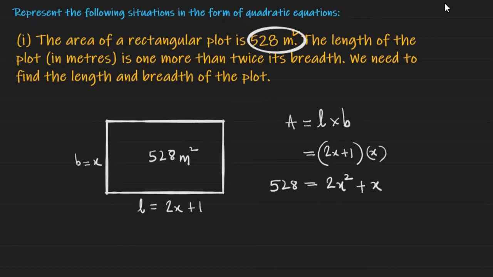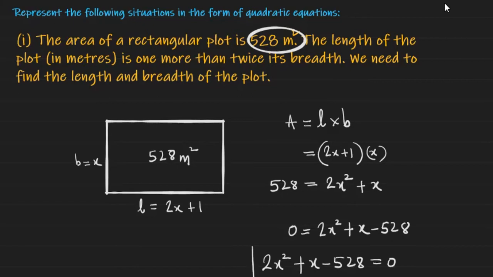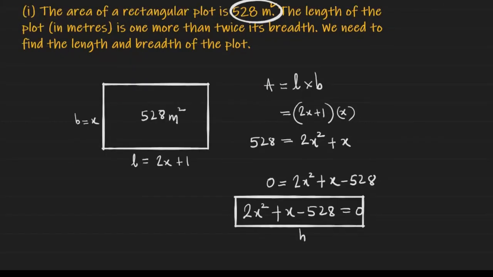Let me bring this to the left hand side: 2x square plus x minus 528 equals 0. So we represented this situation in the form of a quadratic equation. Don't forget to mention here x is the breadth of the rectangle.